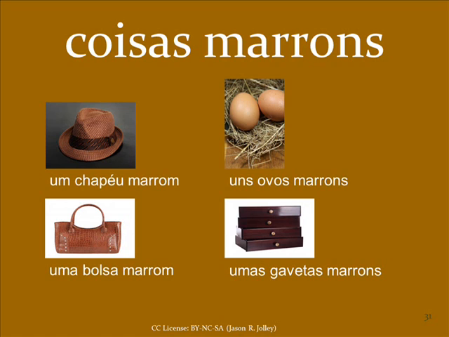I may want to point out here that the color term marrom does not have a different inflection for gender. Masculine singular, marrom, chapéu marrom. Feminine singular, bolsa marrom. And to pluralize it, you add ns. Ovos marrons, gavetas marrons.